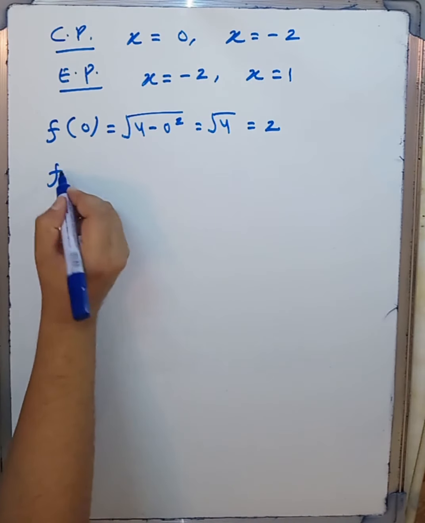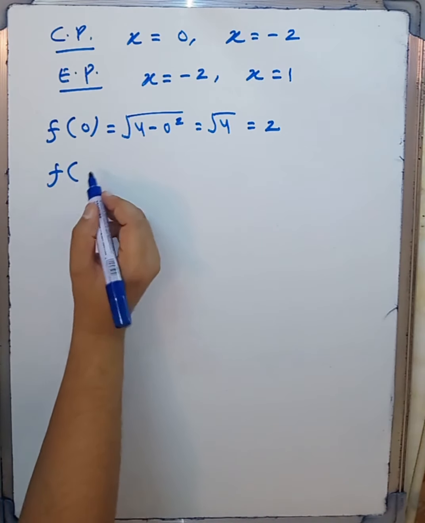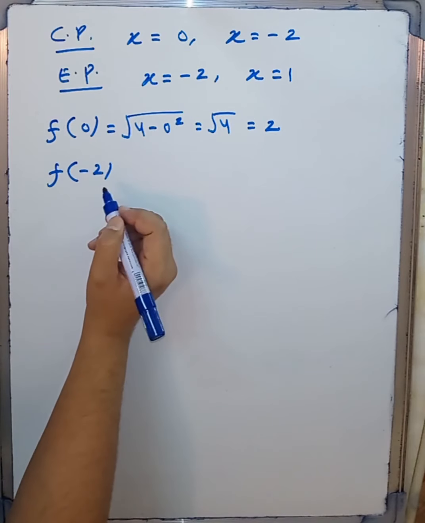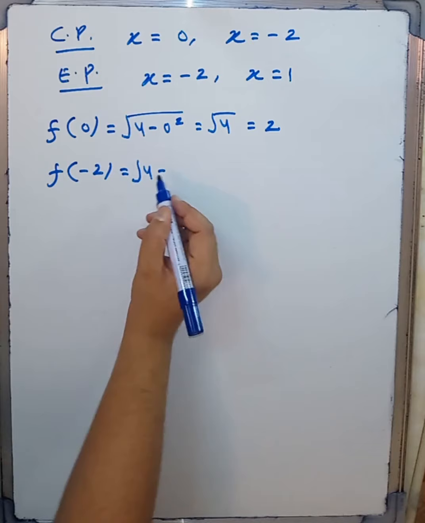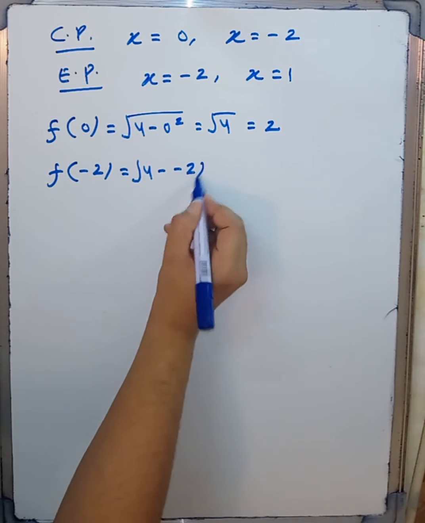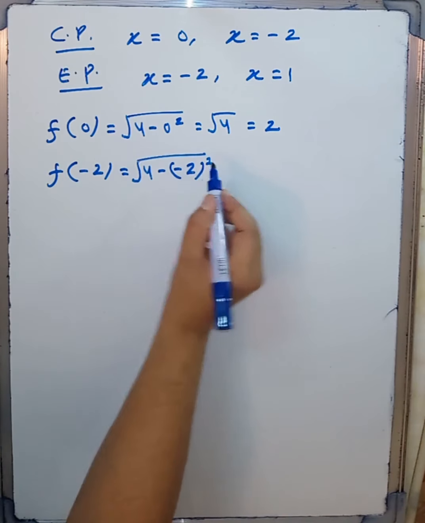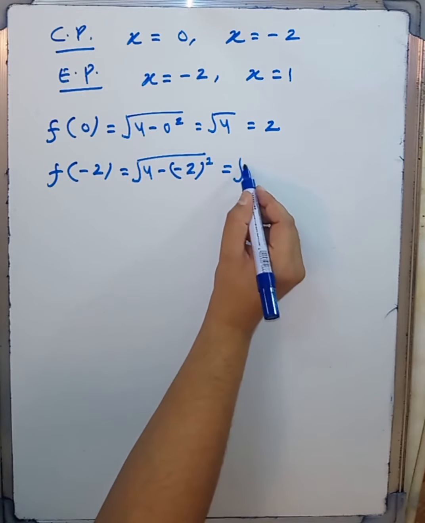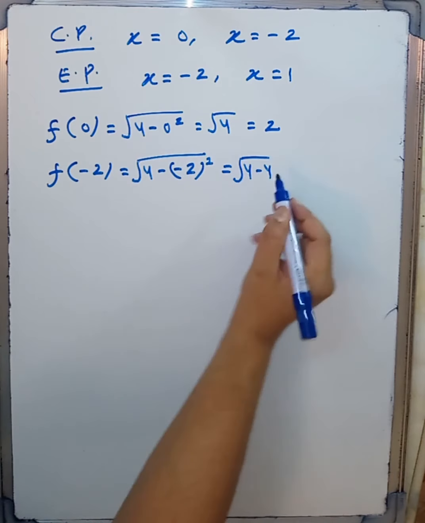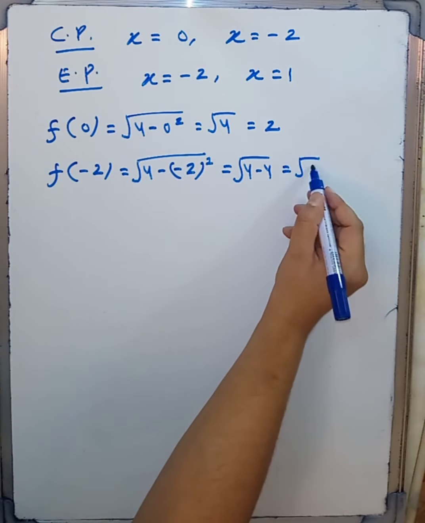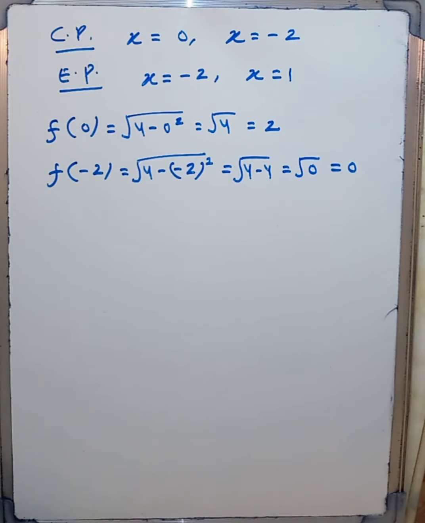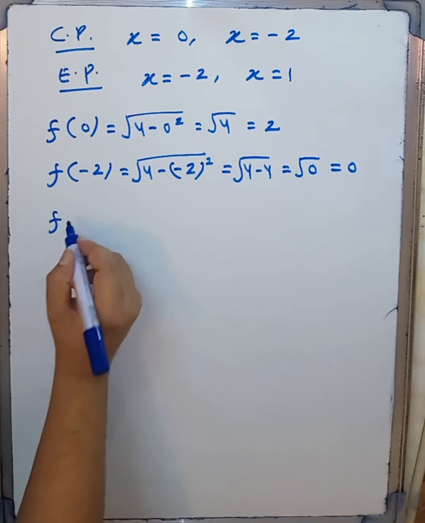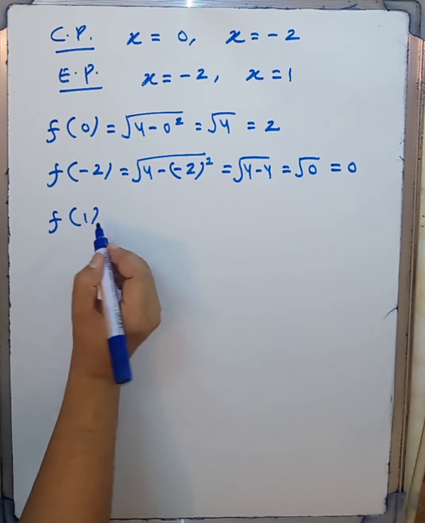Let us calculate the value of the function f at minus 2. That will give us square root of 4 minus 2 square. That will be square root of 4 minus 4. That will be square root of 0. That will be 0. And same way, let us calculate the value of the function f at 1.